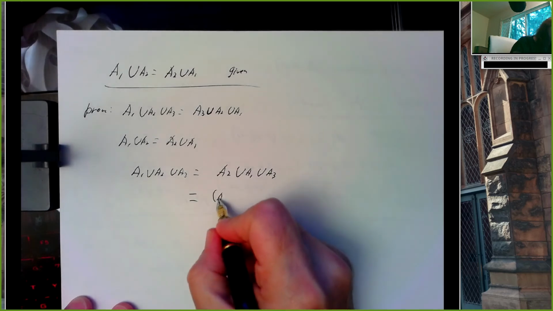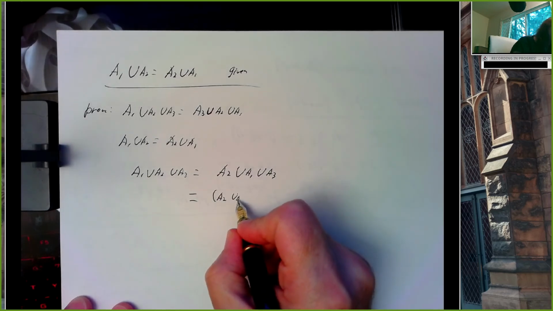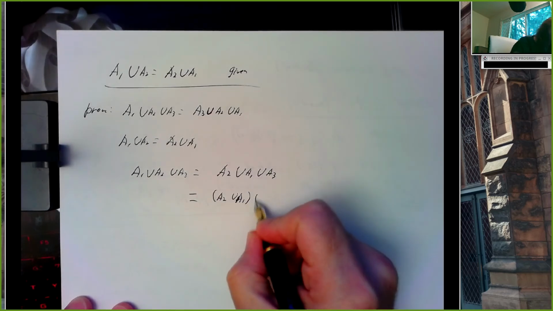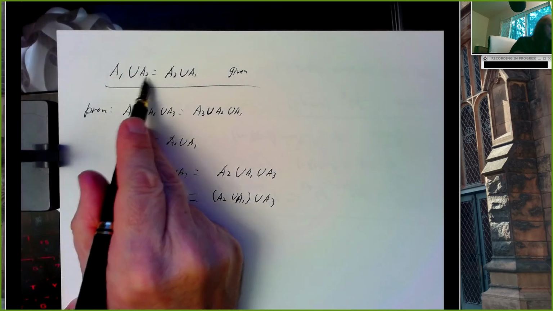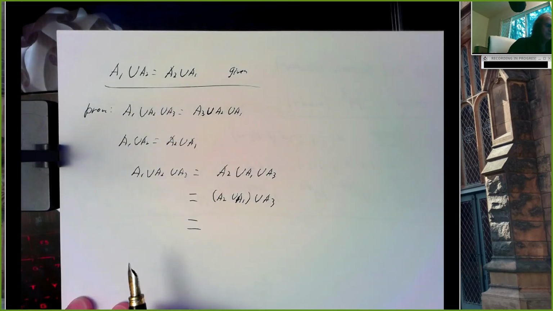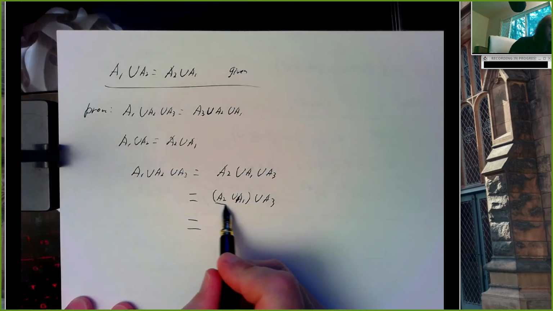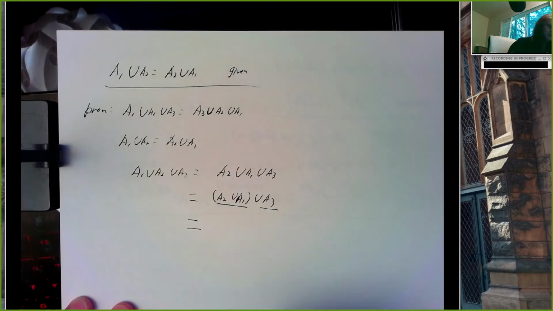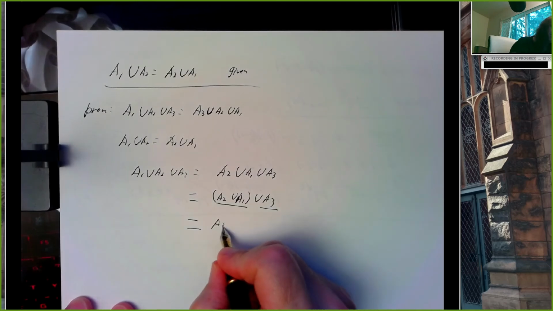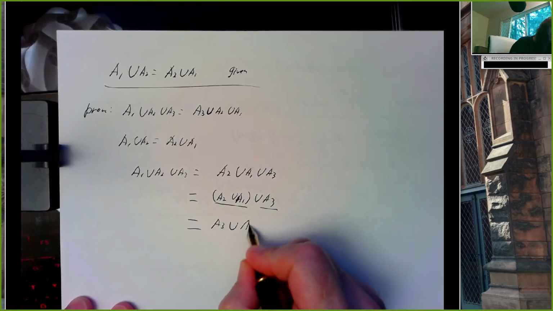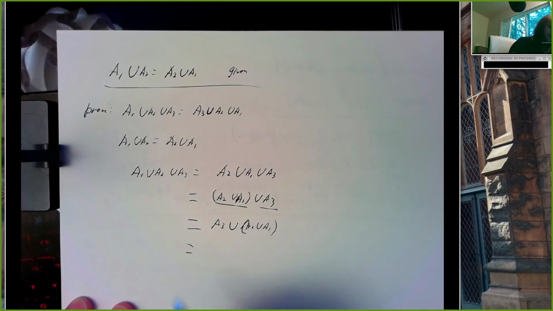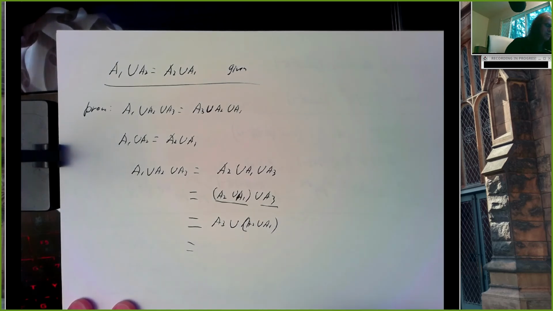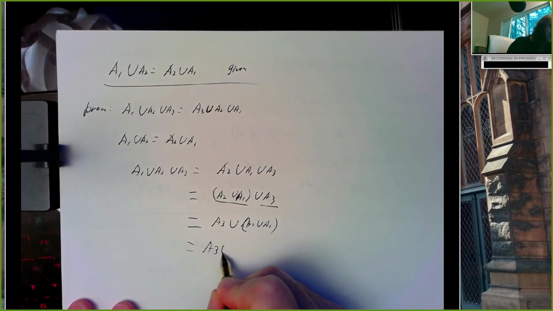Which is, I can do these 2 unions first. And this rule says if I take the union of 2 things, I can switch the order. Well, here's one thing, here's another thing. This says I can switch the order. So this would be A3 union A2 union A1. And if we assume associativity, parentheses don't matter, this is A3 union A2 union A1.